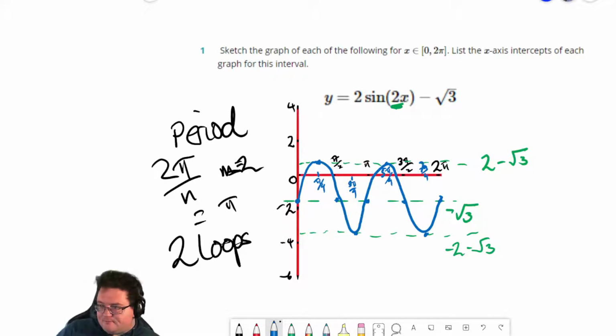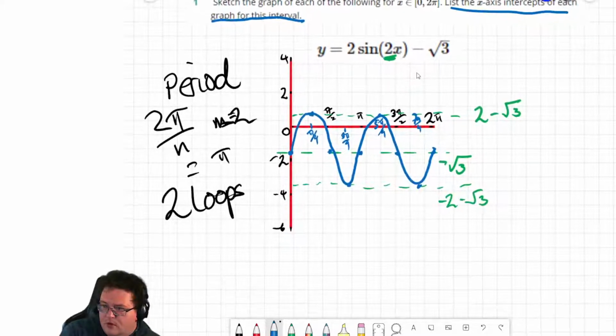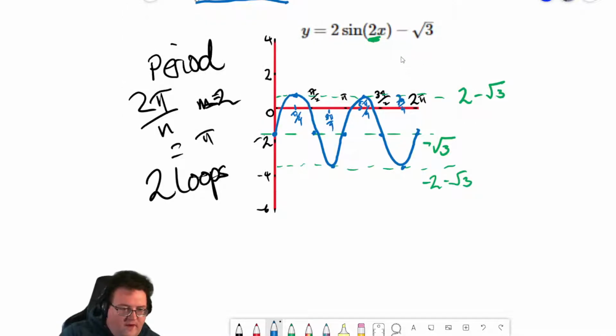So I'm going to have a graph that looks like that. Now, the problem is that I'm not finished. The question wants those as well. And luckily, there's a way that we can work around that.